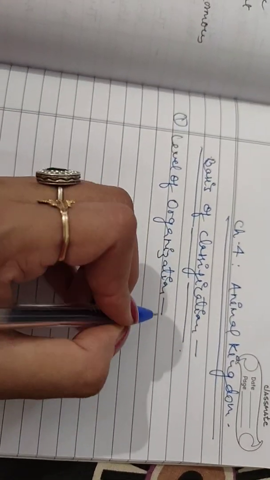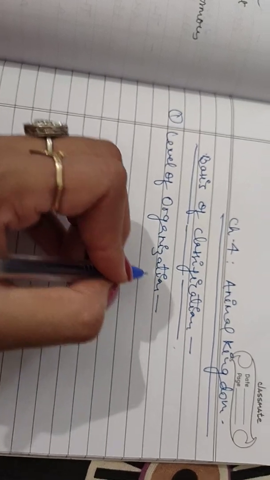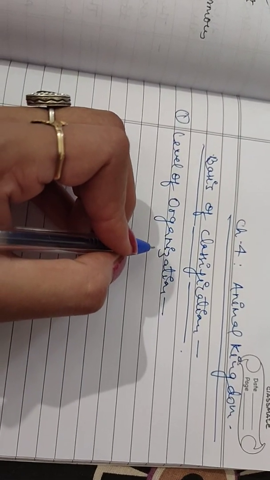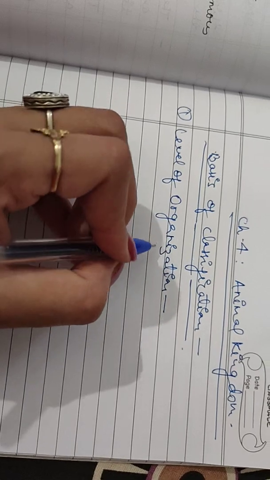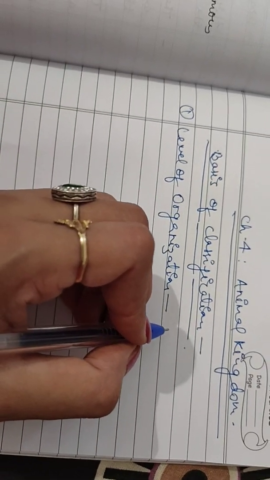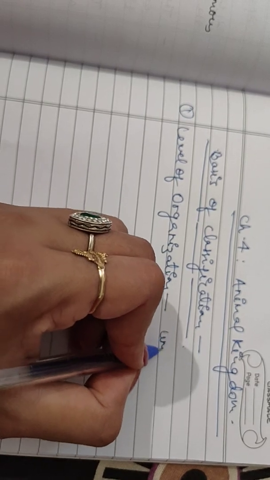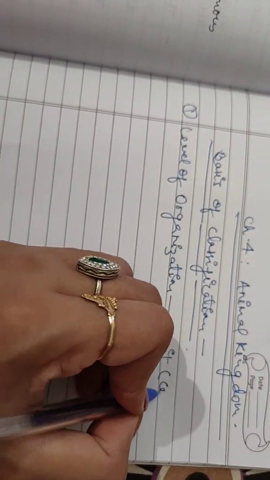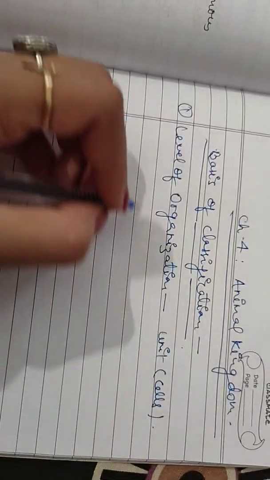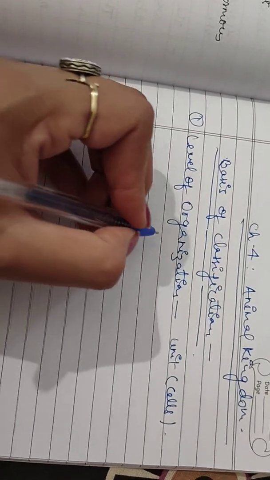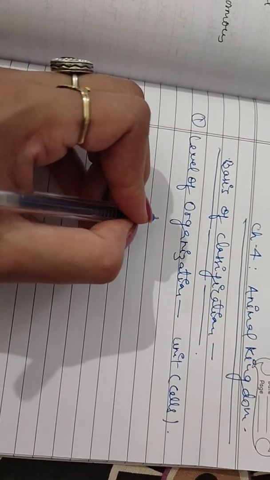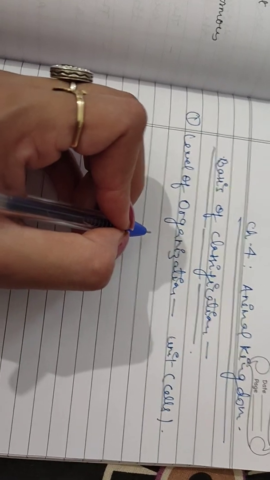So first, what do we mean by organization? An animal is an organization of units, and that unit is actually the cells, which are differentiated and integrated for carrying out the life processes.